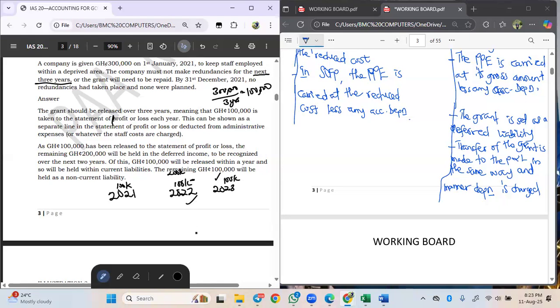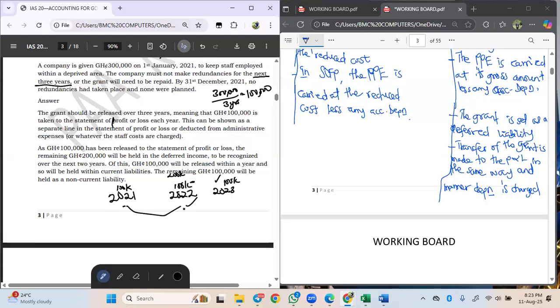The one that will be released beyond 1 year, here the 100,000 that will be released in 2023. So if you are in 2021, 1 year, 2 years, so you have 2 years before you get to 2023. So that one will be held in the non-current liability. So this 100,000 will be non-current liability, and this 100,000 will be current liability. So that is when we are using the deferred approach.